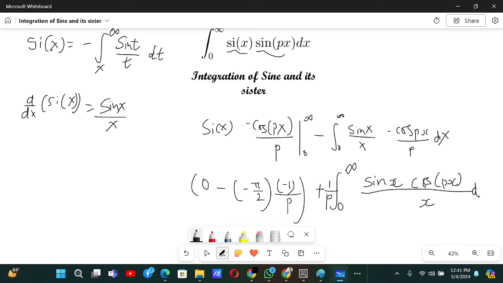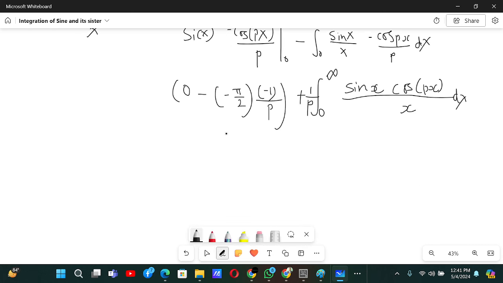Yeah. Now the first will just be, minus minus cancels out, so minus pi by 2p plus 1 by 2p, because now we will make it 2 sin x cos px and then use the formula of changing product to the sum.